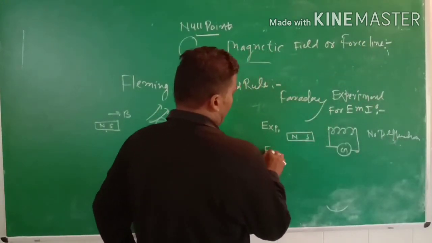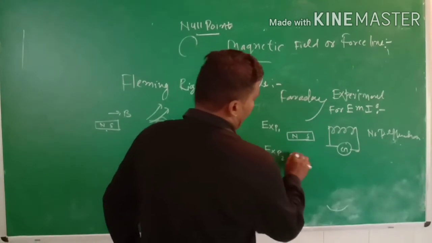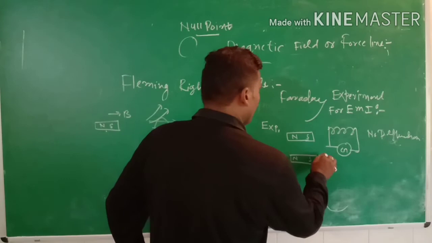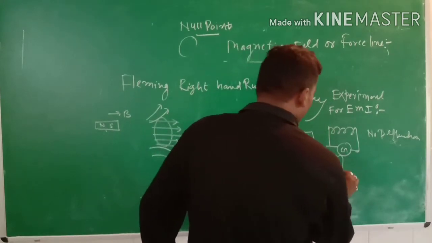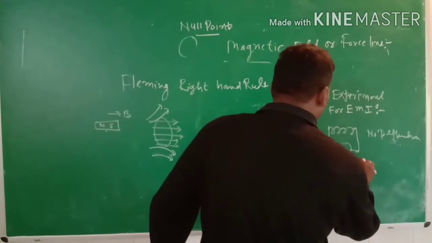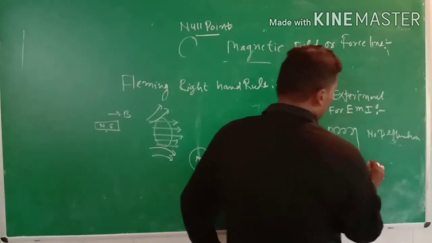In experiment number 2, when the bar magnet is nearby our circuit, we observe no deflection again.